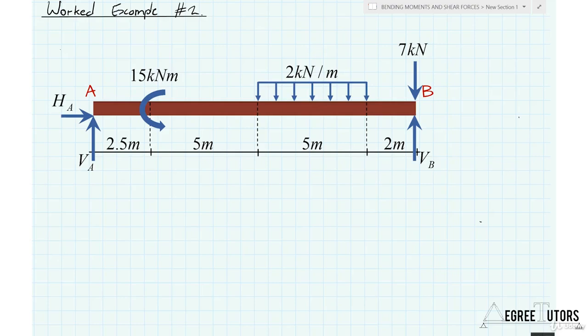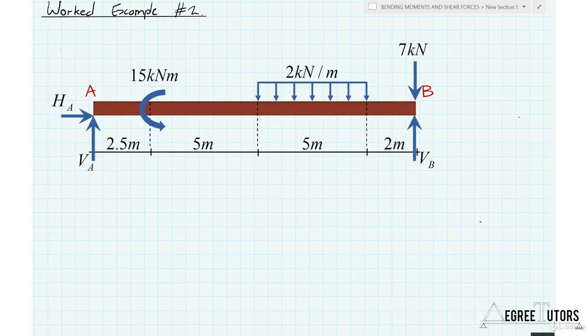So if we have 2 kilonewtons per meter acting over a length of 5 meters, then in total I have 10 kilonewtons. And I know that the resultant of that load will be right in the center of the UDL itself.